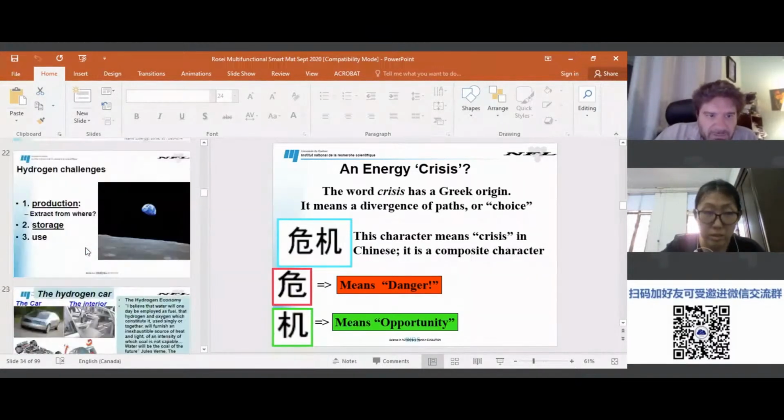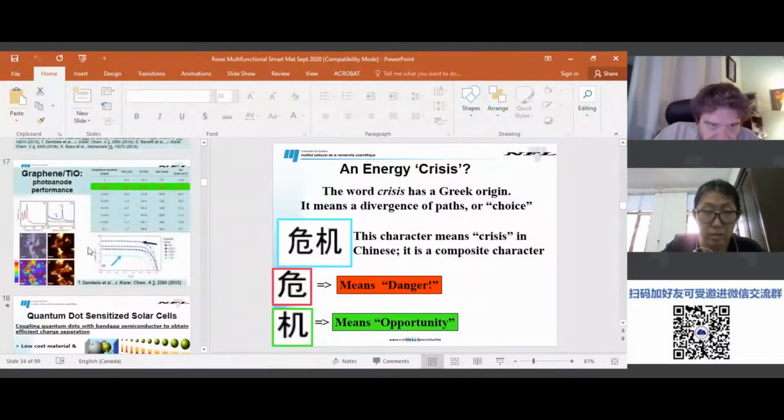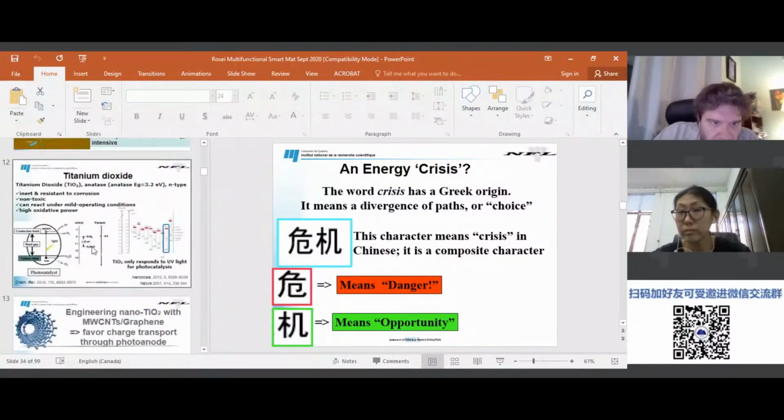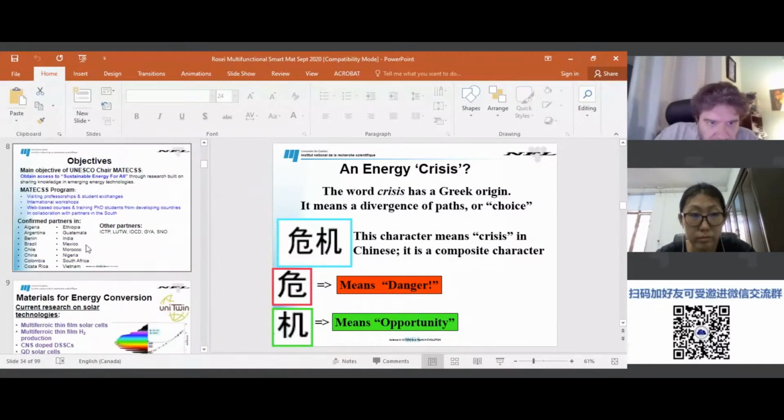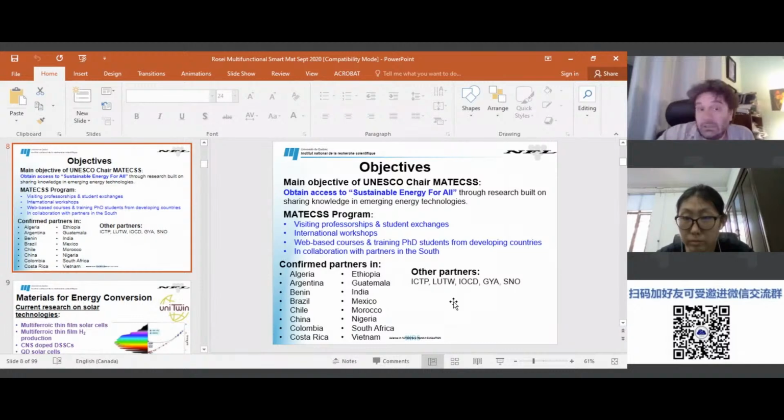So every year we host visiting professors and visiting students, and we organize workshops as networking events and to develop collaborations. And every year we also have a limited number of scholarships for PhD students from the South.